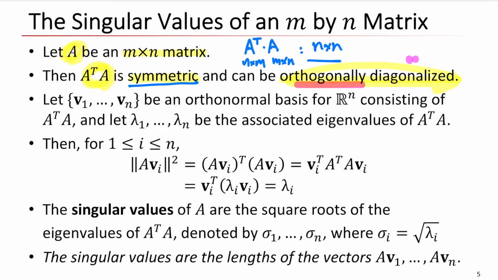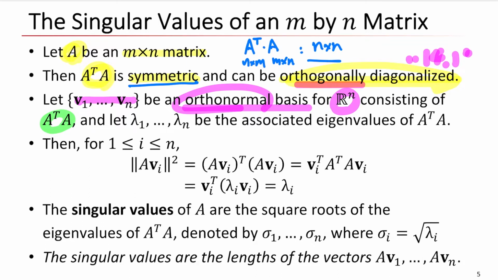It was in the previous lecture, 40.1. And let's say v1 through vn is an orthonormal basis for the Rn space consisting of eigenvectors of A transpose A.